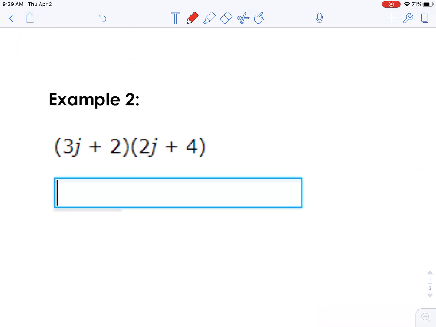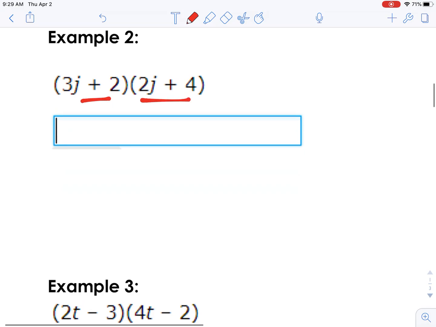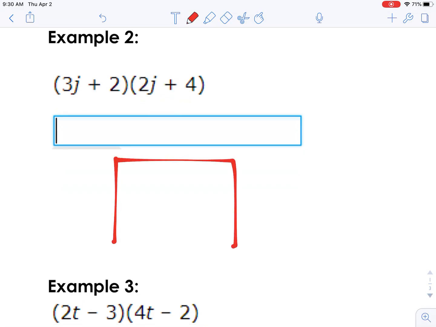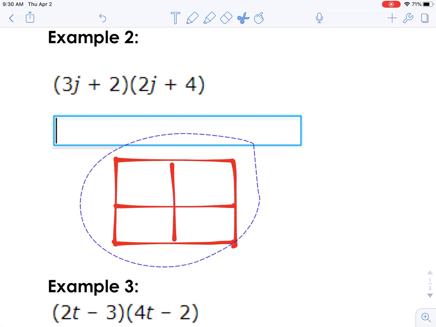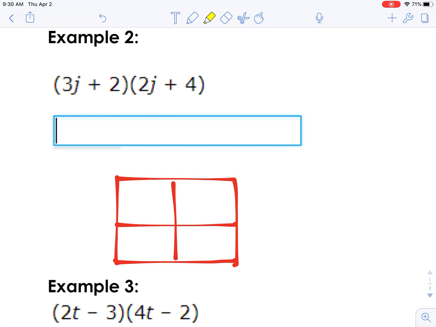The next one, when you have more than one term that you're multiplying, you want to set up your box to organize yourself. It doesn't matter which terms go along the top or which parentheses along the side. I'm going to put the first one along the top, and the second one along the side.